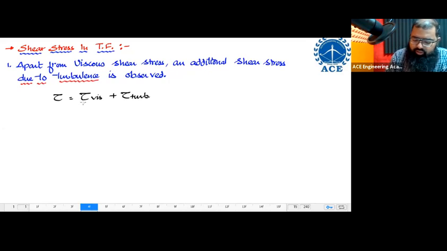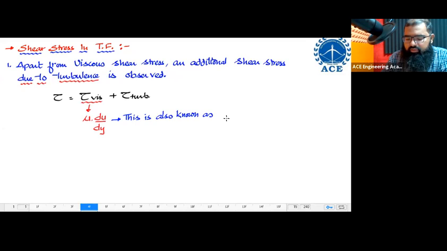Now regarding this tau due to viscosity, we know it is equal to mu into du upon dy. This is also known as laminar shear stress.